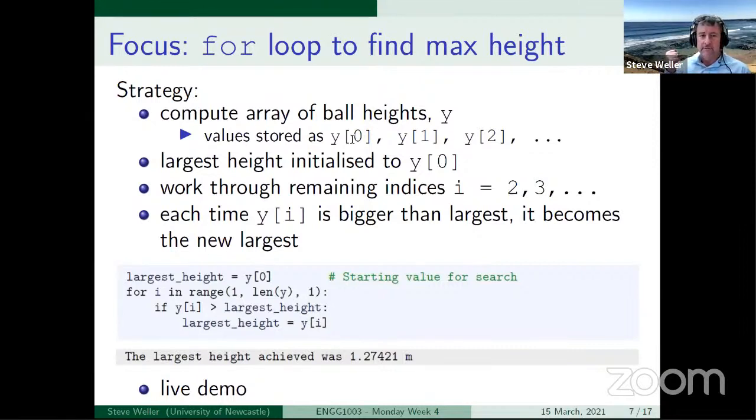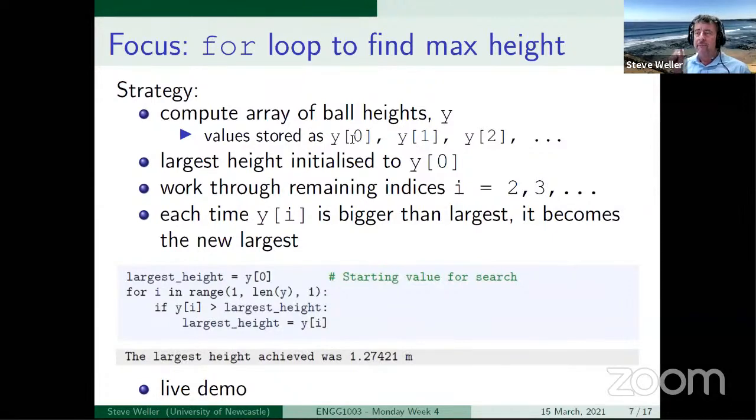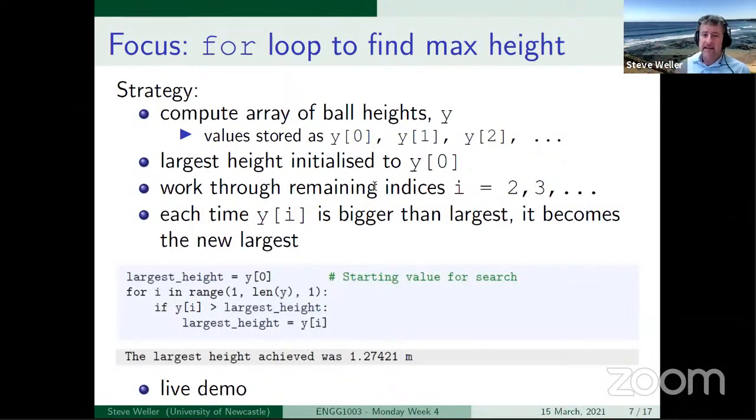and so on. At any point in time, we've got a hold of the maximum height that's been located in that array so far. So our strategy is that we initialize the height to Y0, and then we work through the remaining indices looking for a value that's higher. And if we find it, we update our new largest value and we move to the next.